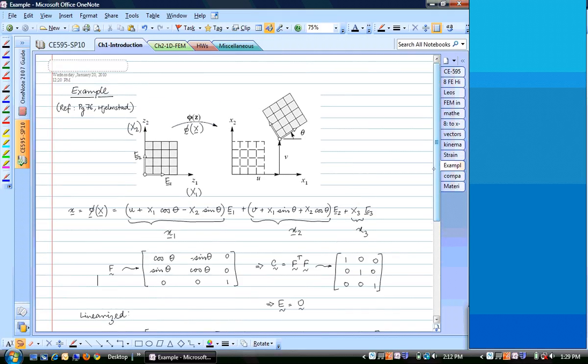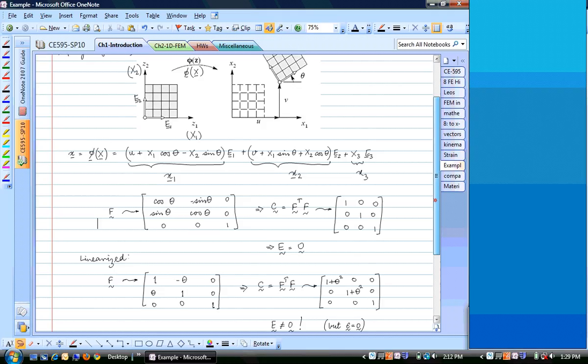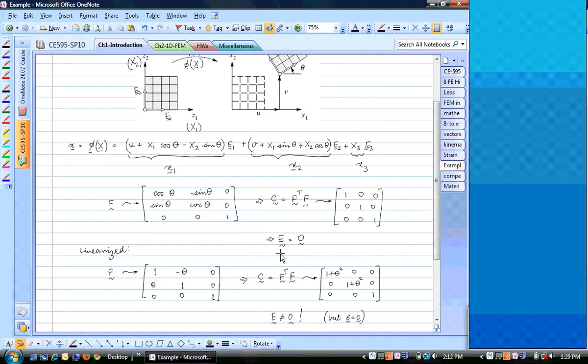But this would not hold in case of general deformations. If you are trying to find out the geometrically exact strains using the true deformation map, then you would have to take into account all the nonlinear terms, and then you would get the correct definition of strain. Okay.